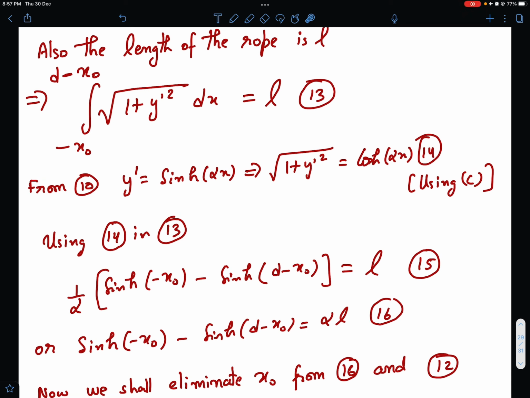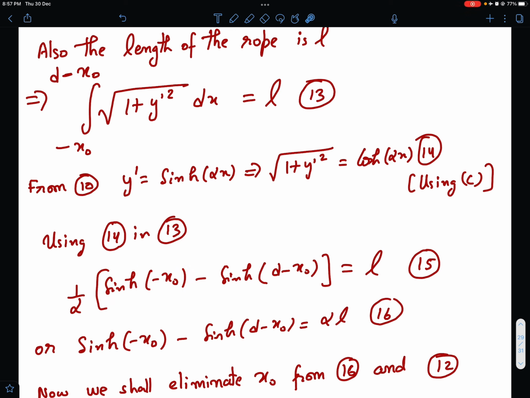So y dash was sine of x, so under root of 1 plus y dash squared, this becomes cos, and once you integrate this, then it again gets into sine, so this is correct.